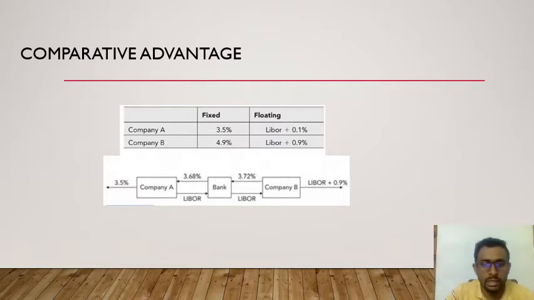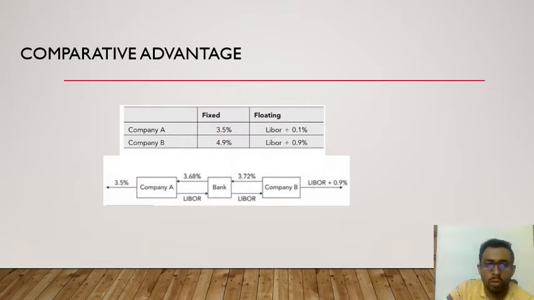Keeping this in mind, as a banker, we will need to devise a formula so that both A and B get an advantage and we also gain some profit. How much profit the three of us, the bank, A and B, are going to make is based on a simple calculation: the comparative advantage in the fixed market minus the comparative advantage in the floating market.